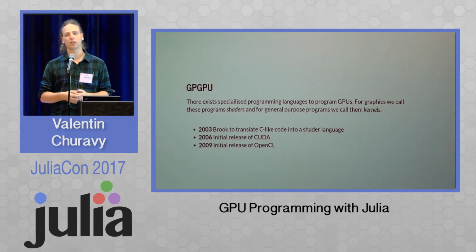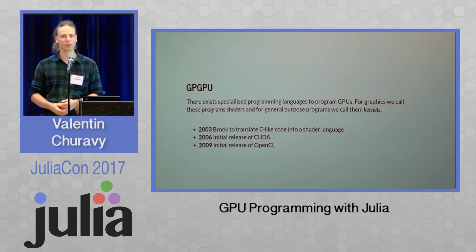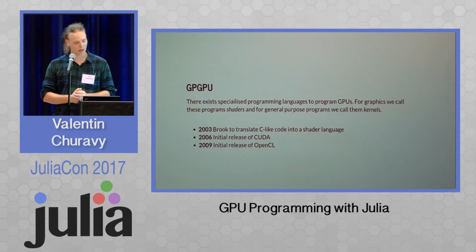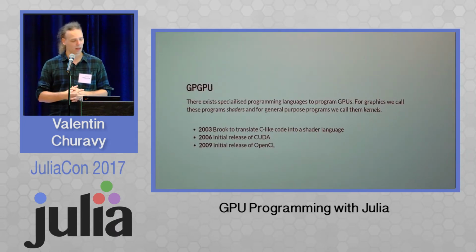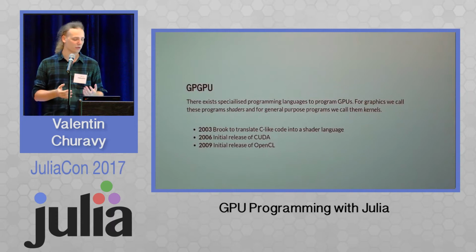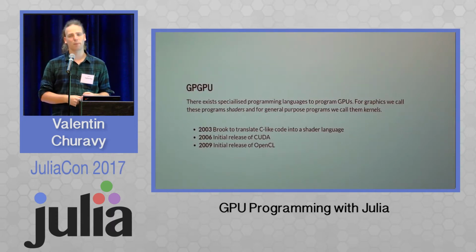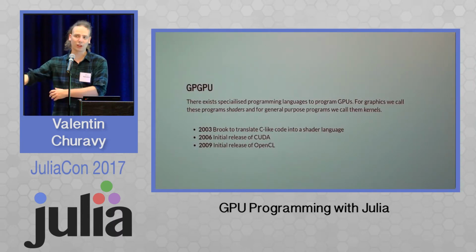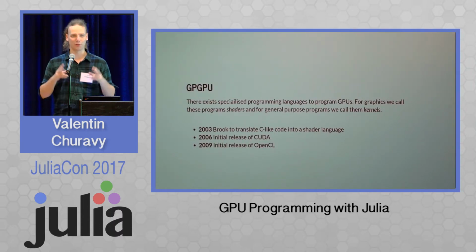And they started doing numerical simulations of physical properties. And in 2003, the Brook language was developed, which translated C-like code into DirectX or OpenGL shaders. And then you could run the shader through your graphics pipeline, and you would get a numerical output at the end.